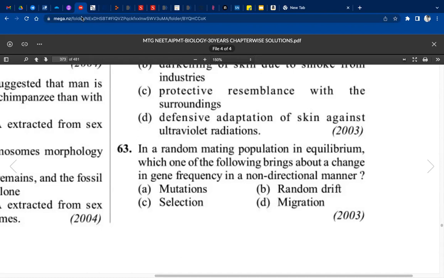Yes, Saifullah, that is the correct option. Remember, in a non-directional manner. Good, Saifullah.